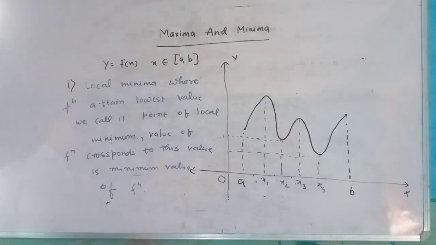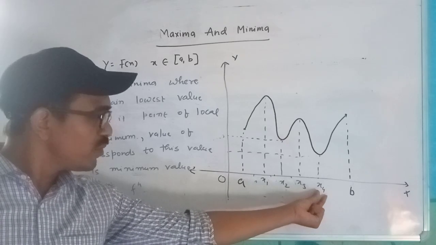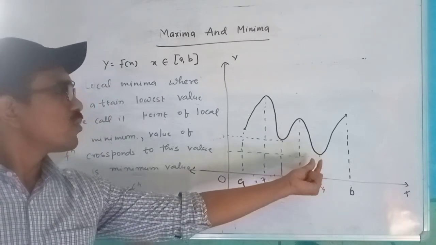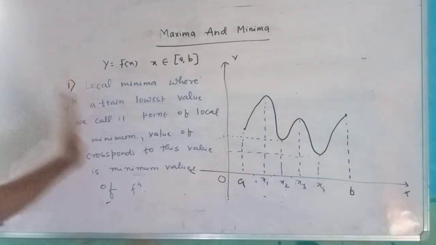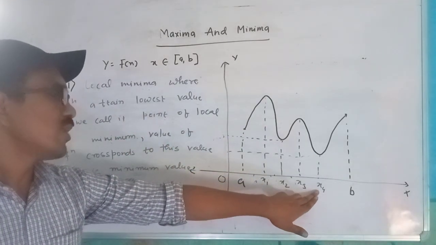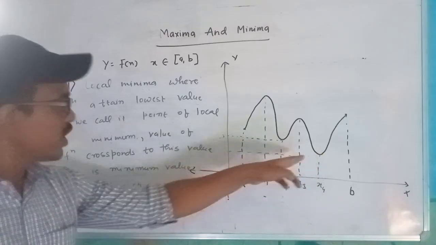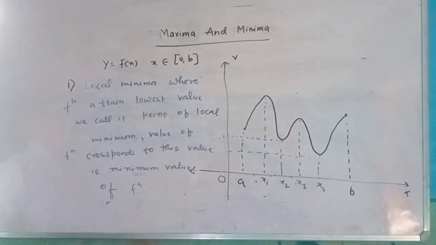So you can clearly observe that out of both local minimum, at the point of local minimum, obviously the value of the function will be the lowest at this point. So the local minimum where our function attains the lowest value, we call it the point of local minimum, and the value corresponding to it is the minimum value of the function.